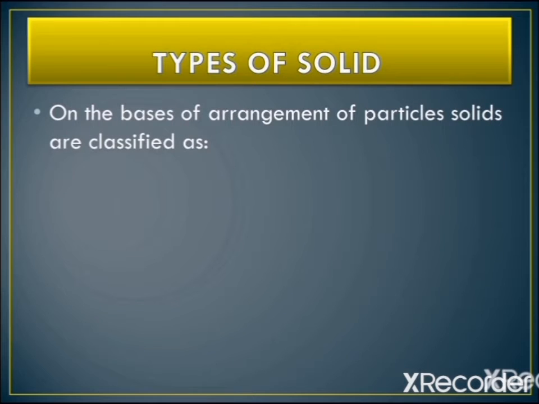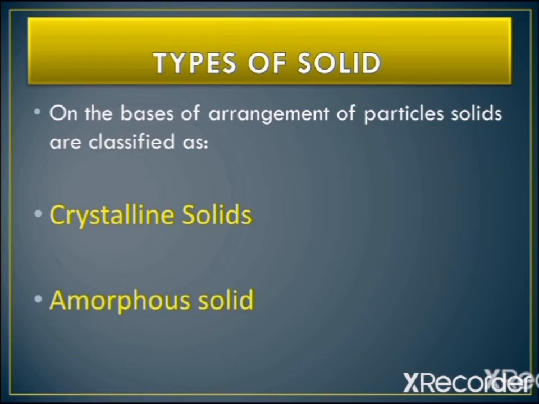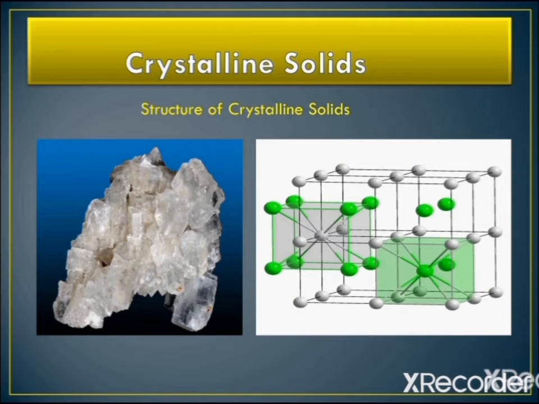Types of solid. On the basis of arrangement of particles, solids are classified as crystalline solids and amorphous solids. Crystalline solids.